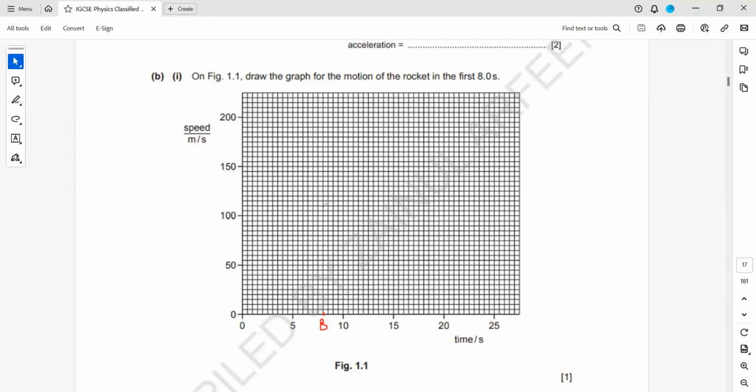So this will be 110 and this will be 120. And because the acceleration is constant, it will be a straight line, because in a speed-time graph, the slope represents the acceleration of an object.